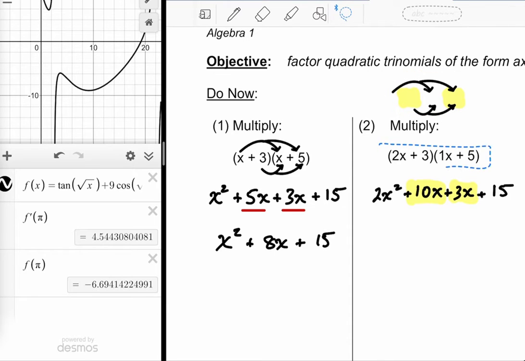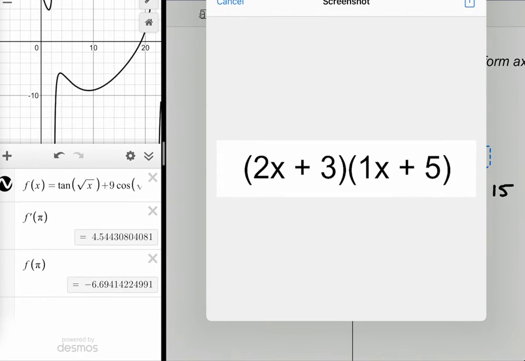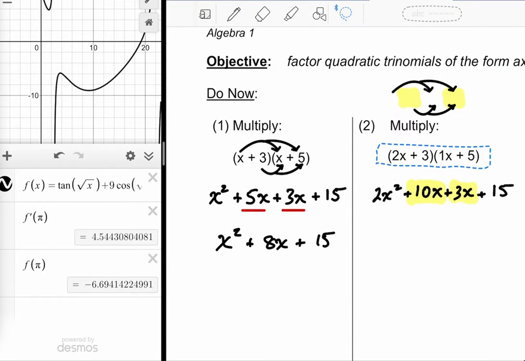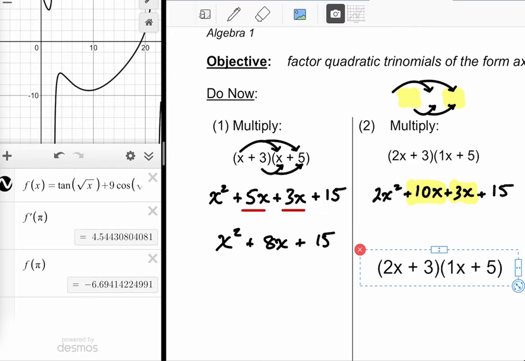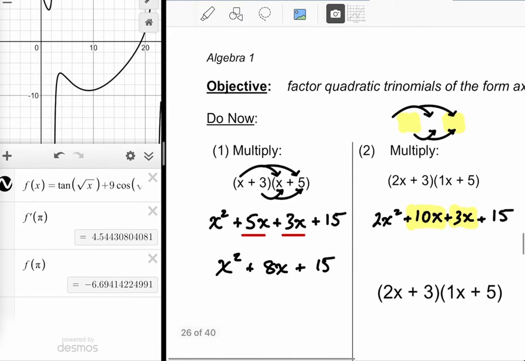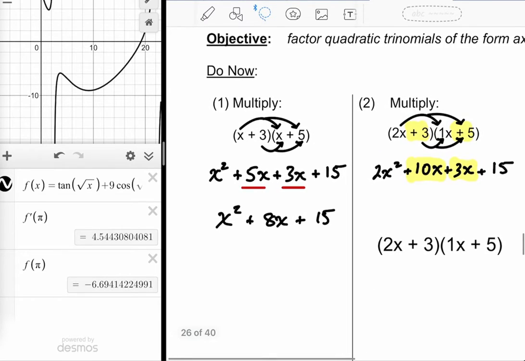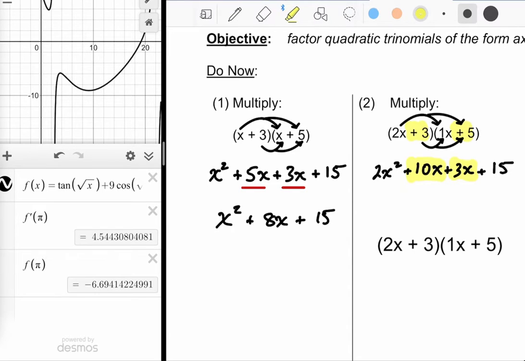I'm going to duplicate this. Copy. Bring it down here. If I were to take this term and this term, those two terms, and multiply just the coefficients, 2 times the 5 will give you a 10.